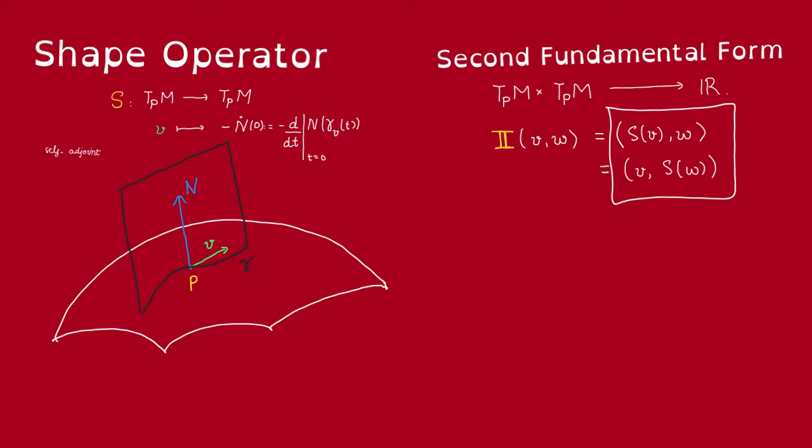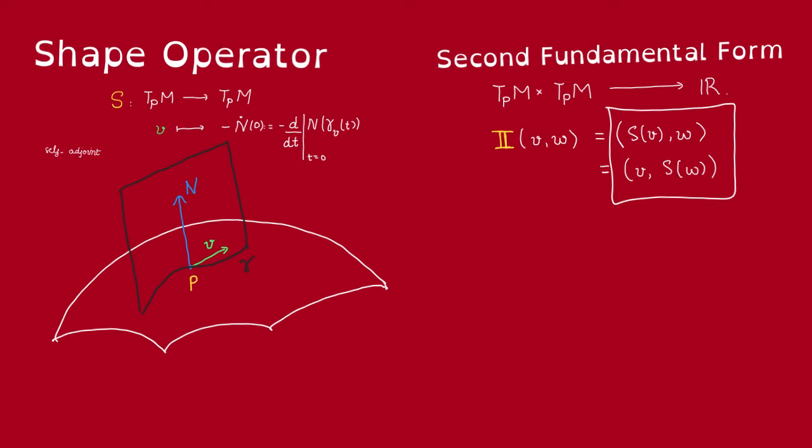Now, n composed with this gamma becomes a vector field along this curve, and we can differentiate this. It will give us a tangent vector at P. That's because n is a unit normal, it has length 1, so by the product rule, this n dot is going to be orthogonal to n, so it lies in the tangent space at P. But let's not worry about those details for now.